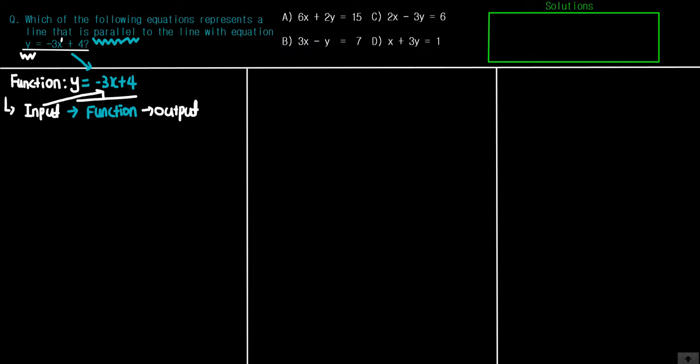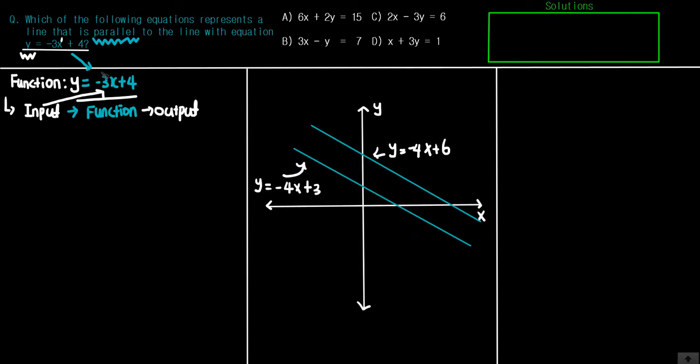The question says it is parallel to the line with this equation y is equal to negative 3x plus 4. So I drew some parallel lines that are formed by equations, and those are parallel lines.